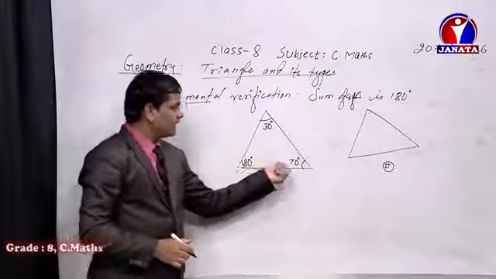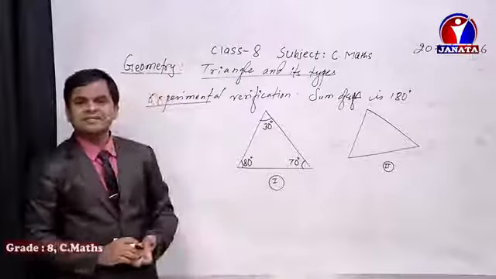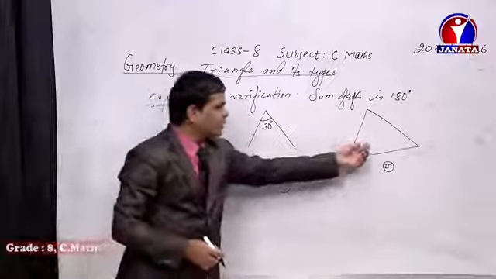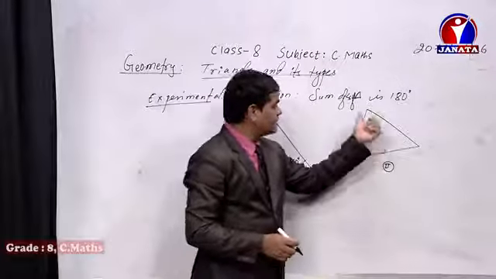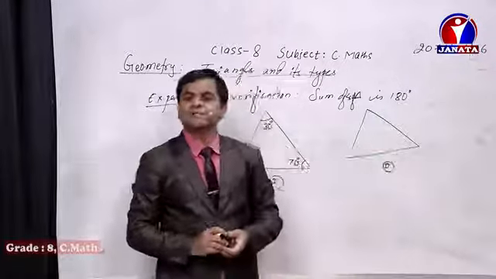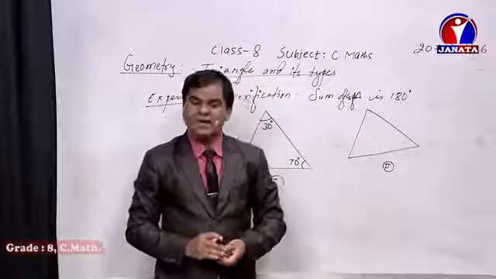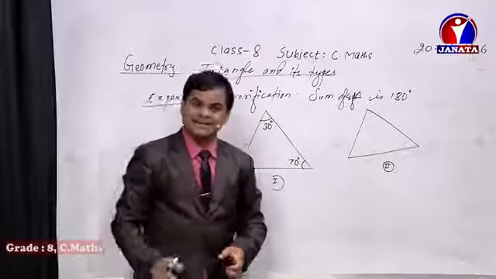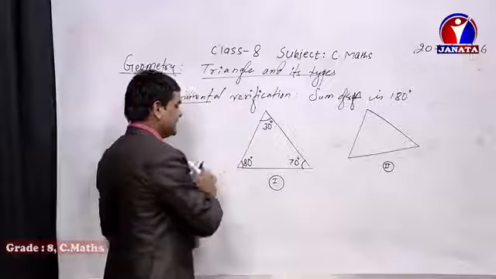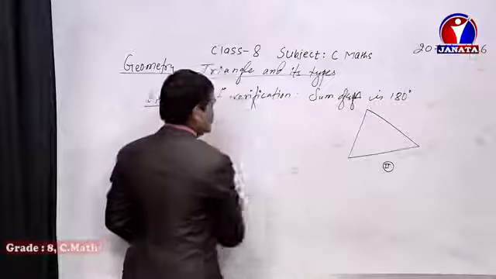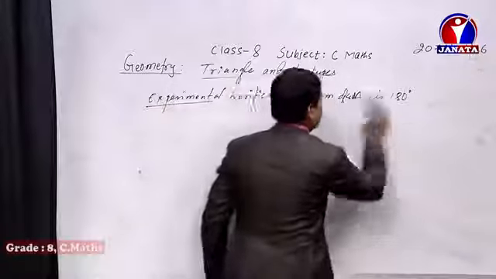Anyhow, we'll get the sum of the angles of a triangle as 180 degrees. Measure the angles of this triangle as well by using the protractor, and you will get the sum of angles of a triangle experimentally as well, 180 degrees. So it is the process of doing experimental verification.